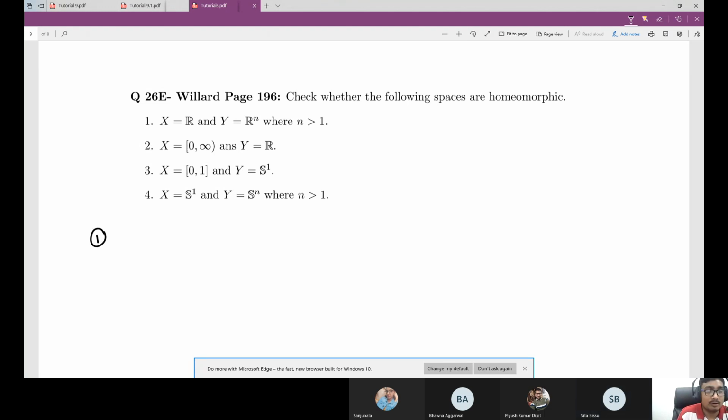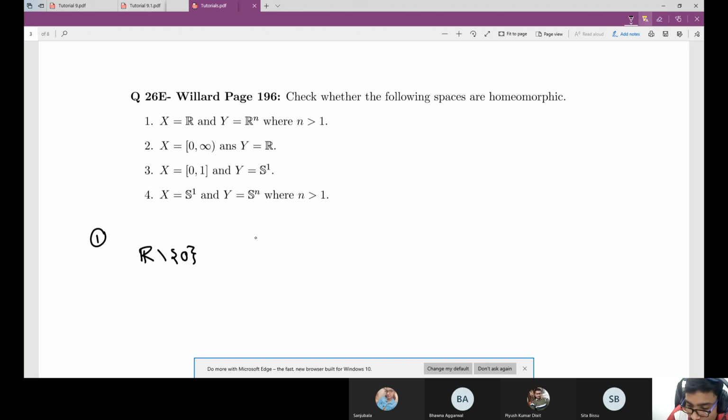Sir, R is connected, R^n is not connected. No, R^n is connected for all n. Anyway, R^n is connected. So why then are they not homeomorphic? Okay, so what is R minus 0?